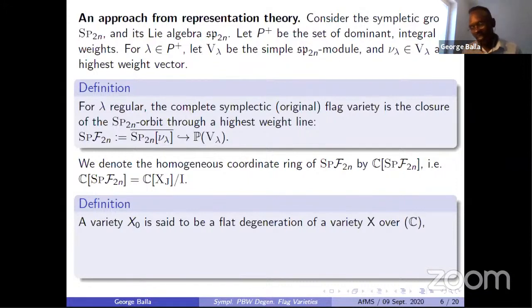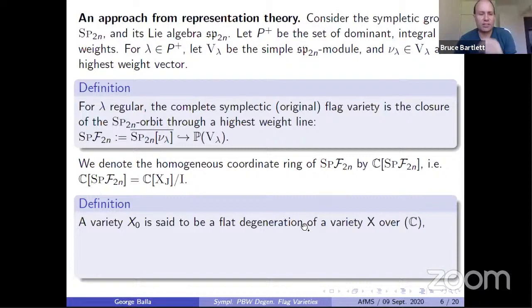In principle, with degenerations of varieties, you begin with some variety, and then you want to make it simpler while keeping some invariants, keeping some properties. Some which are interesting are flat degenerations. They preserve more properties than other kinds of degenerations. There are very many kinds of degenerations of varieties. This is a very big topic. But in this case, what is a flat degeneration of a variety X?